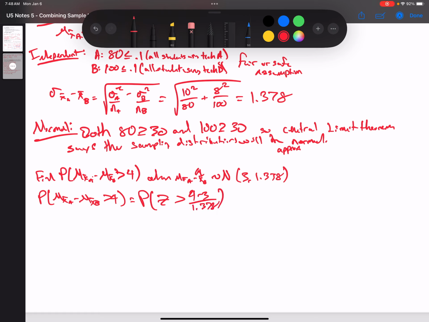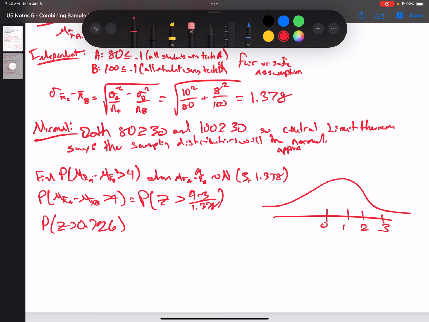Okay. So go ahead and write that out. It means we're looking for the probability that Z is greater than 0.726. Okay, and get my little graph. 0, we got 1, we got 2, we got 3, and I'm just going to quickly do it right here. We got 0.726. We're looking at this area here, okay?